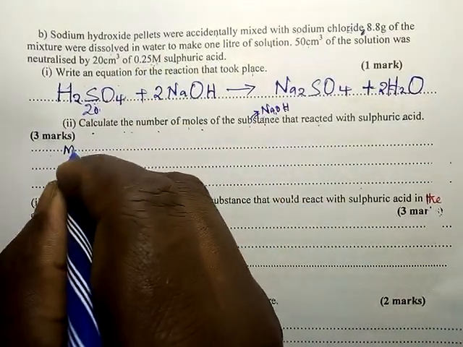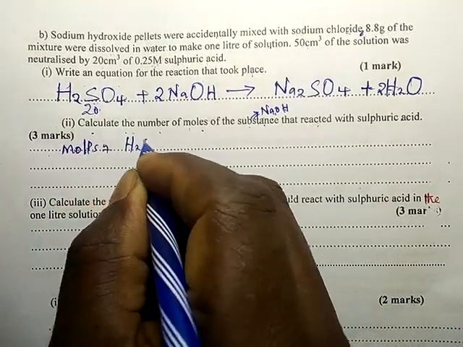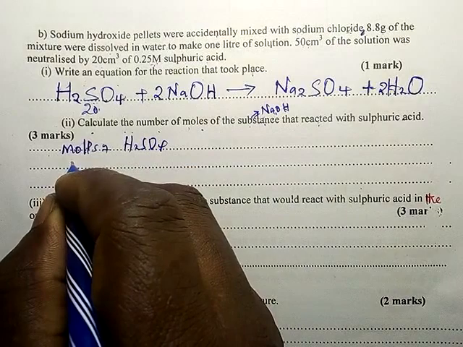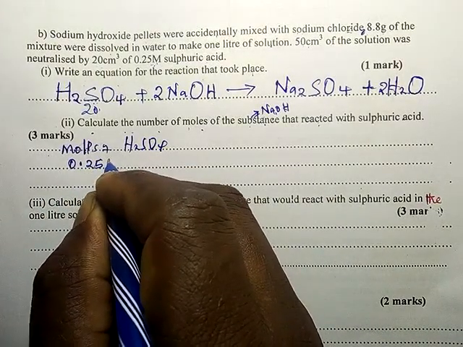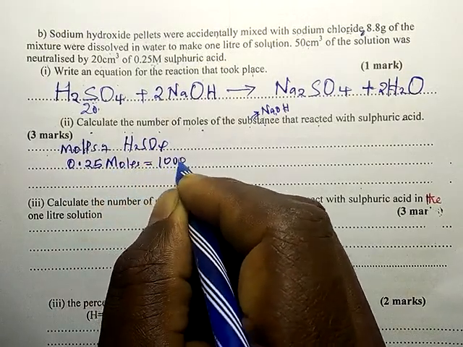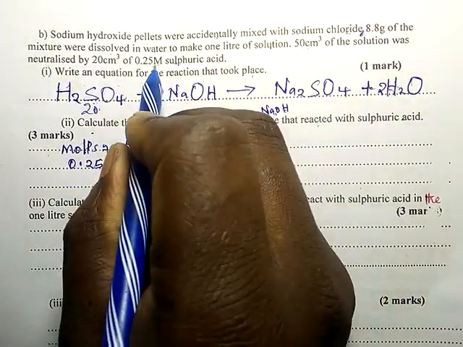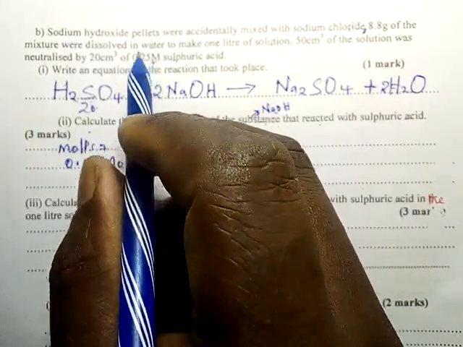So moles of sulfuric acid first. We know that 0.25 capital M stands for moles in 1000 cm³, because molarity is the number of moles in 1 liter.